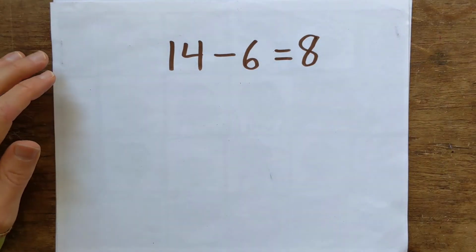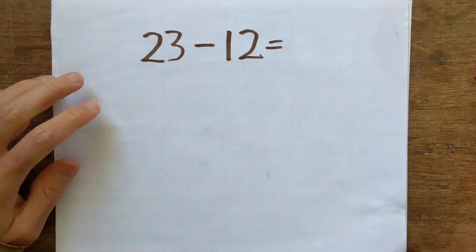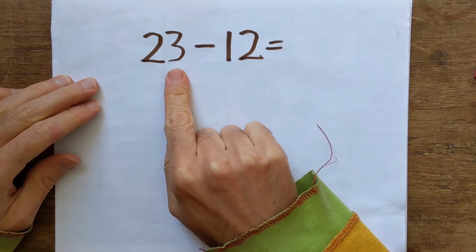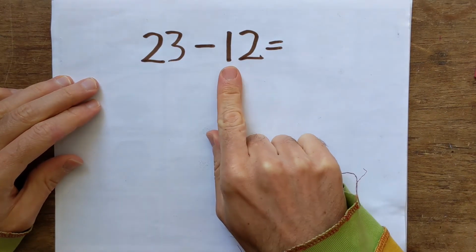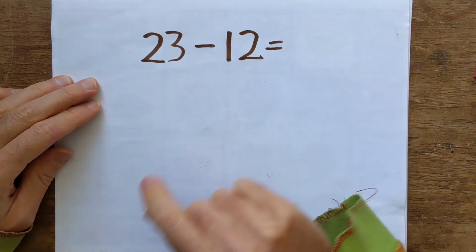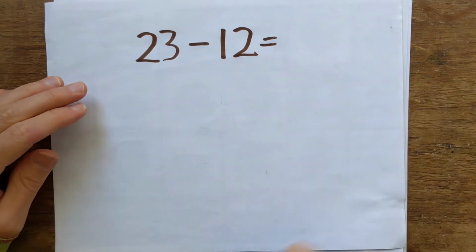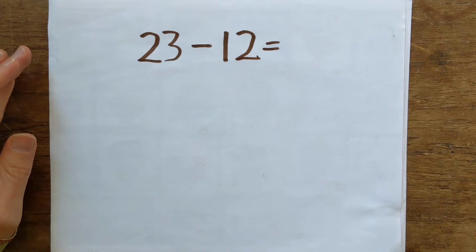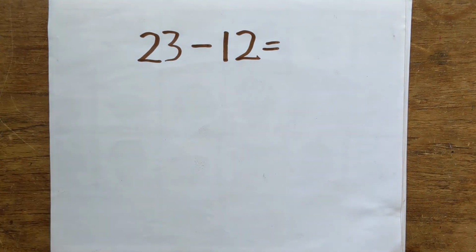Let's do another one. This says 23 minus 12 equals. That's going to take a lot of work to set up, but the process is the same as before.